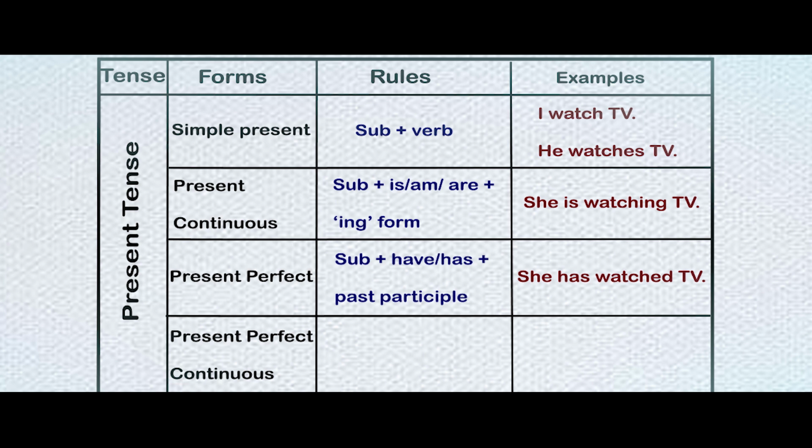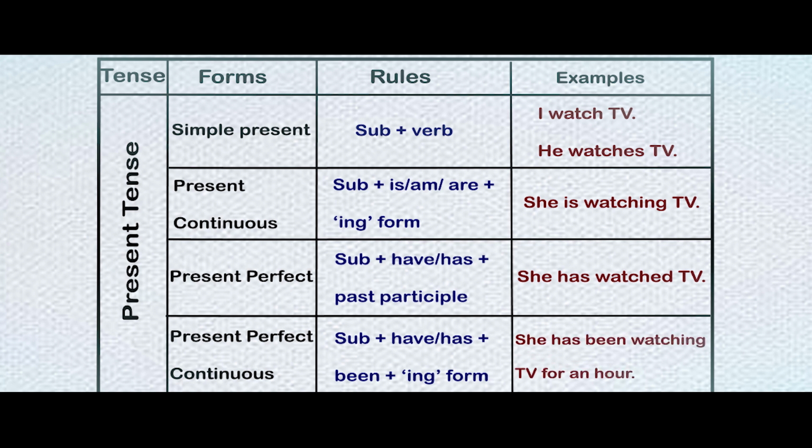And the fourth form, present perfect continuous tense: subject plus have or has plus been plus ing form is the rule that you have to remember while you are using present perfect continuous tense. And you can look at the example here.